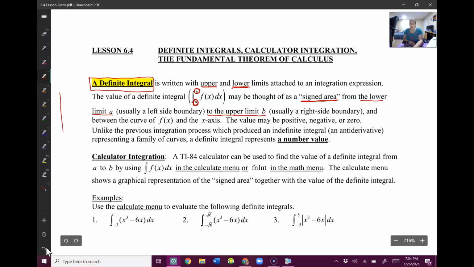So here's what we kind of mean by signed area. Let's say I have a quadratic, and this is at 1. Oops, that's supposed to be 1. And this is at 5.